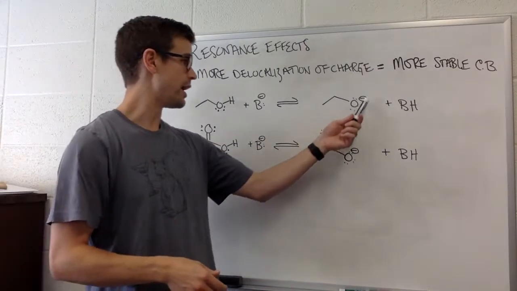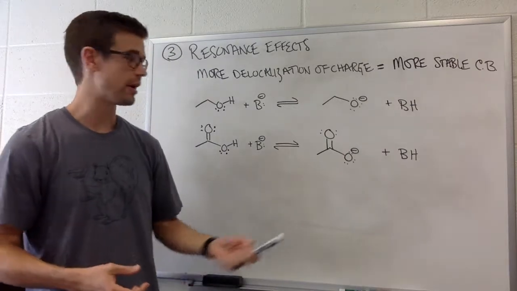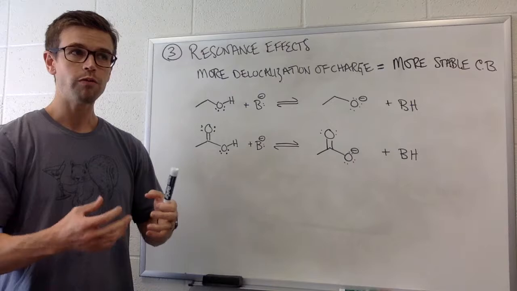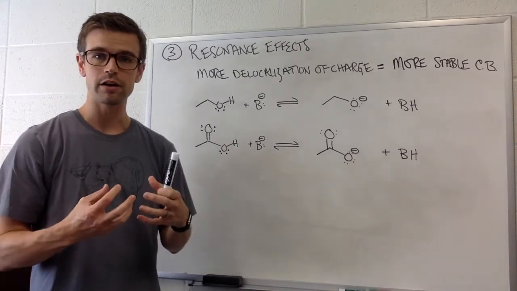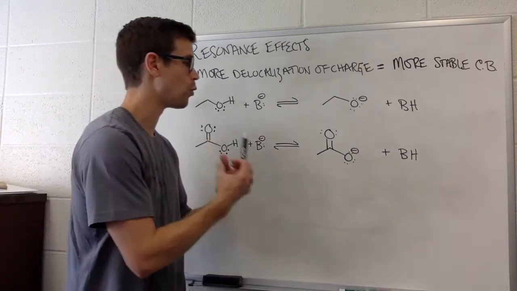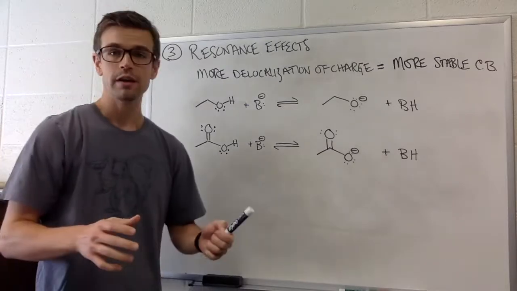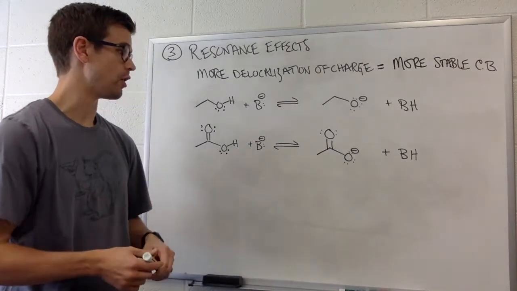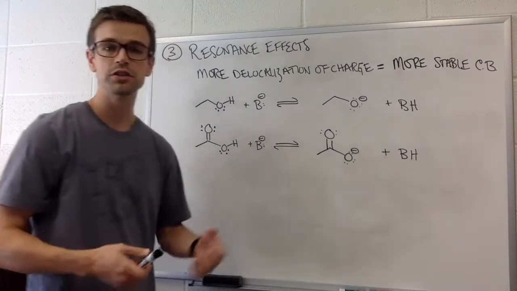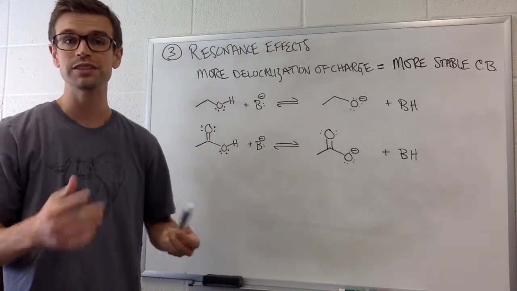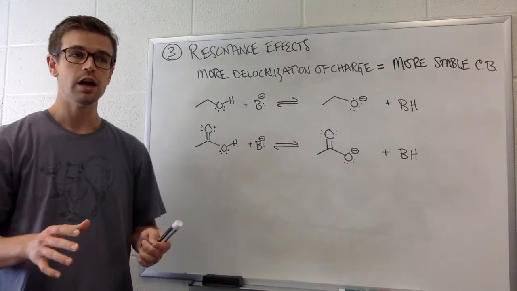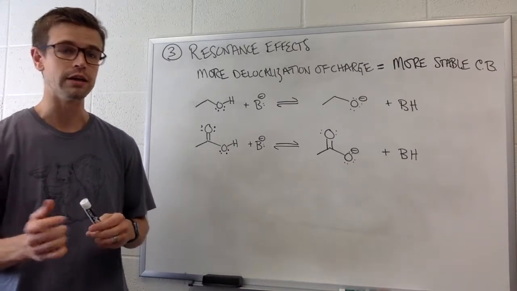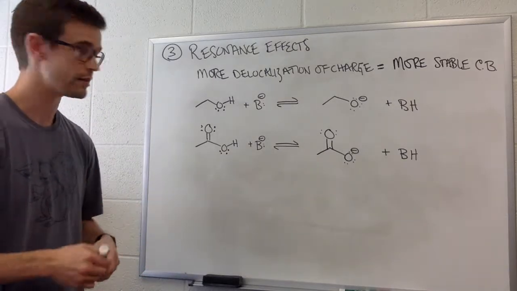We have a negative charge on an oxygen atom there, negative charge on an oxygen atom there, but overall it kind of looks like that entire negative charge is localized on one atom. Some of you that may have just seen the induction video might be thinking, well, in this case, oxygen is also pulling away inductively, and that's true, but that's actually a lesser effect than what we're going to talk about here as far as resonance goes.